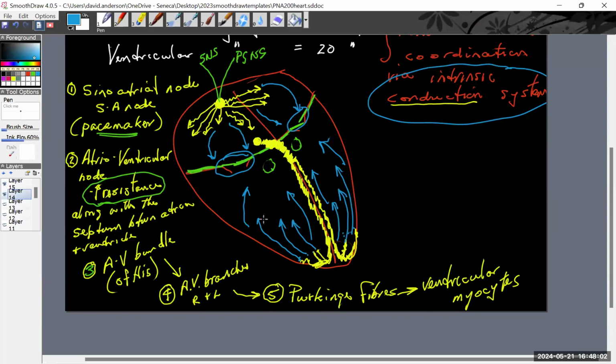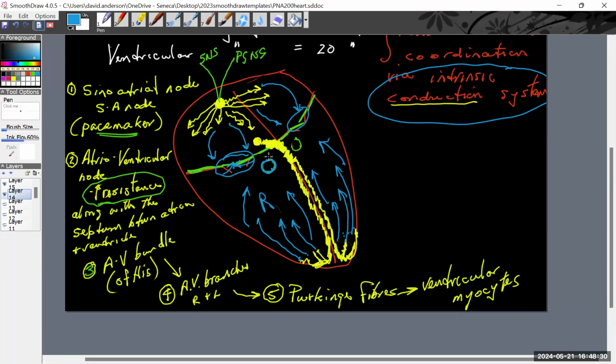So you can appreciate that when this ventricle contracts here in our right ventricle, it's going to generate pressure. And that pressure will make sure that these valves close and these valves open. So at any given time in the cardiac cycle, only one pair of valves is open and the other pair is closed.